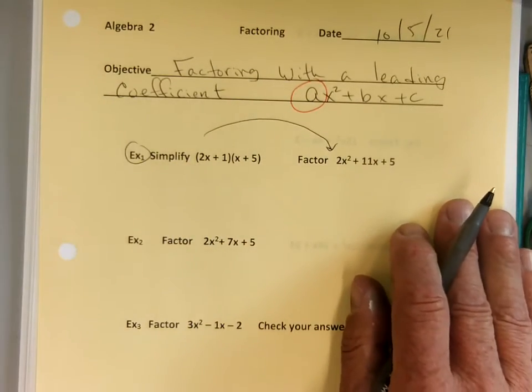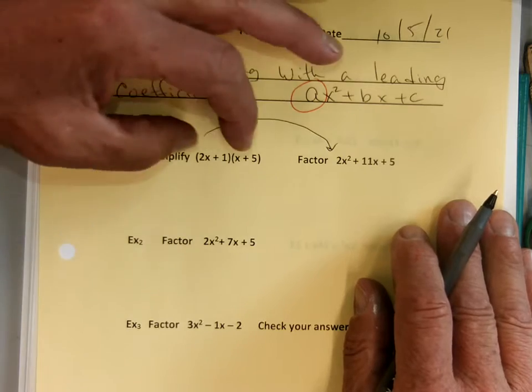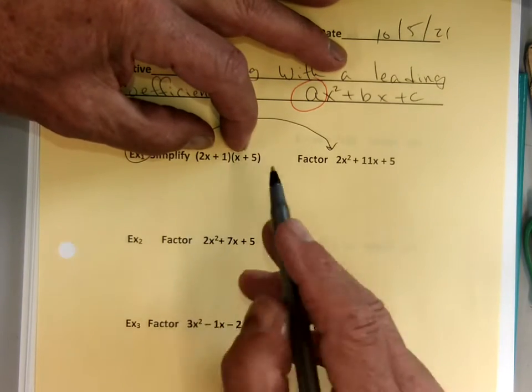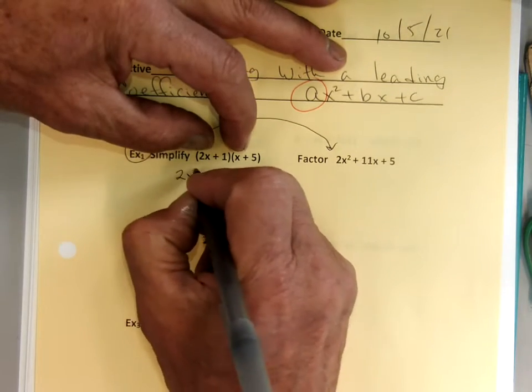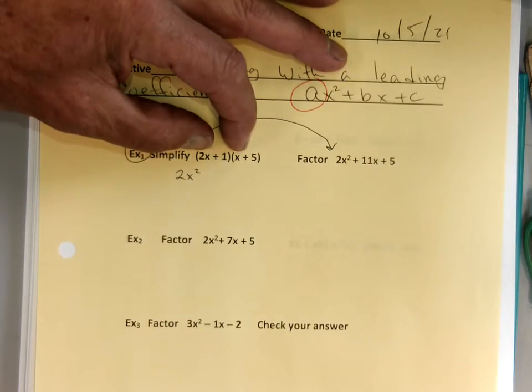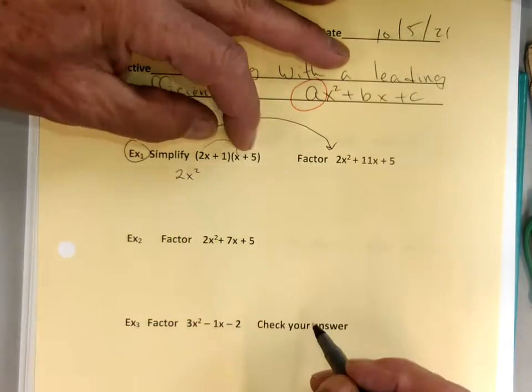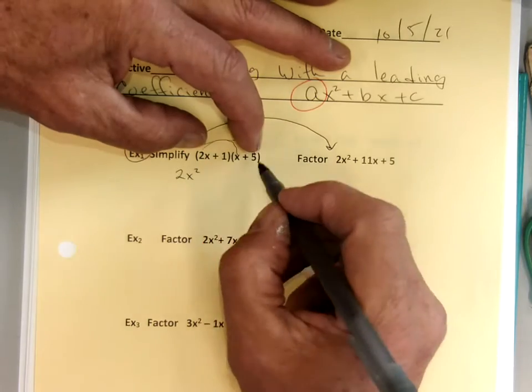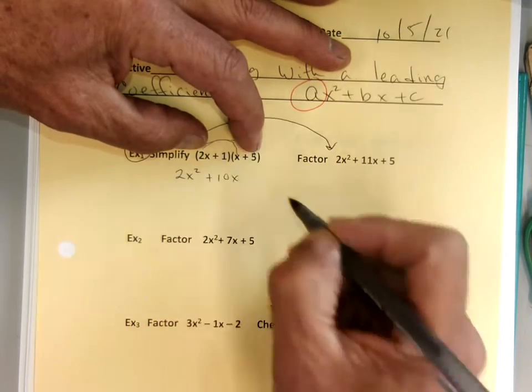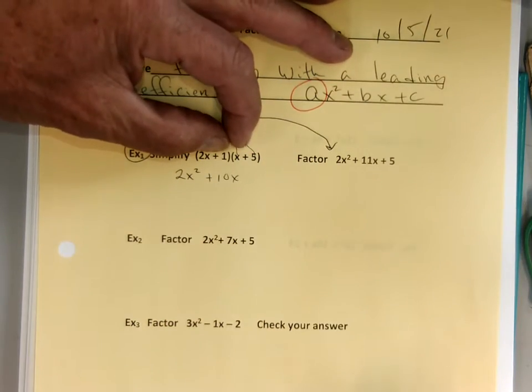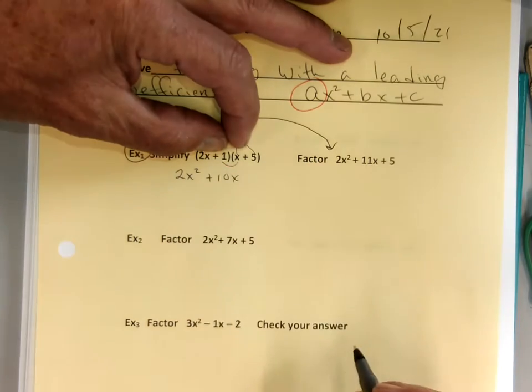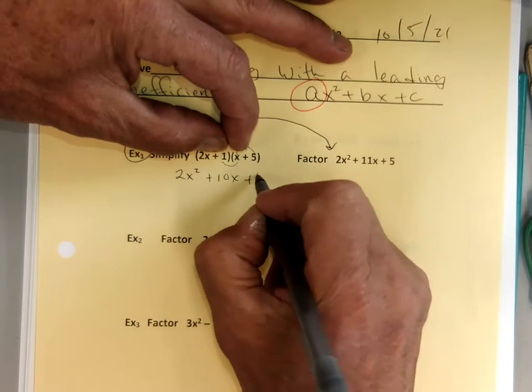So I'm just going to multiply like I did on our warm-up. I'm going to go 2x times x is a 2x squared. 2x times 5 is a positive 10x. A 1 times x is a 1x.